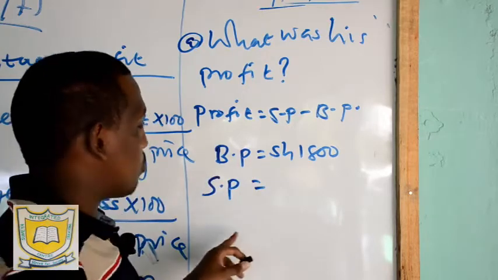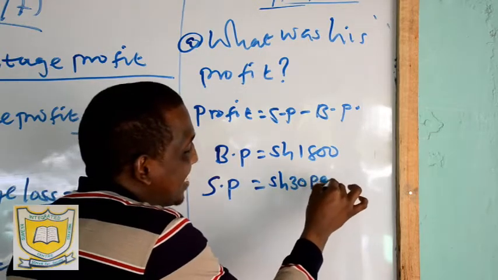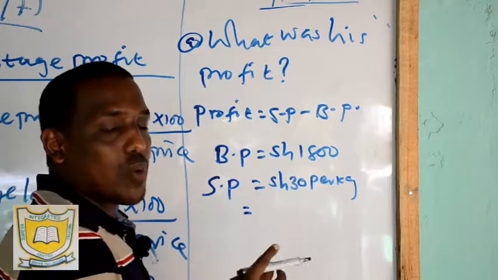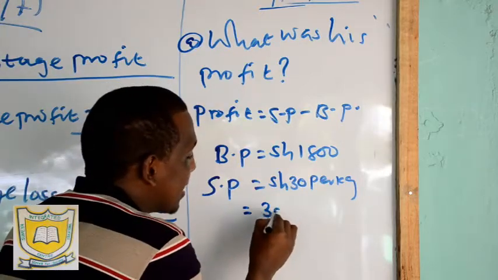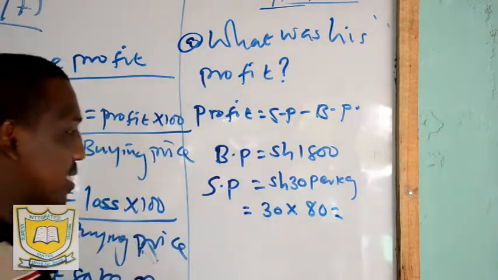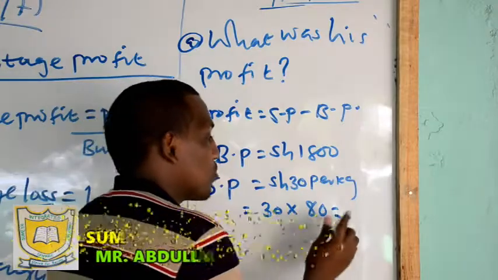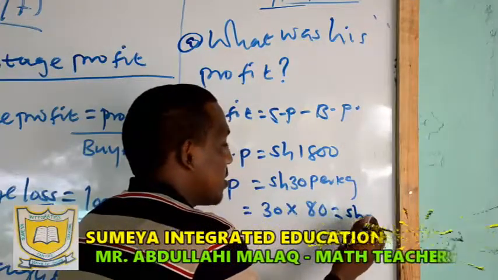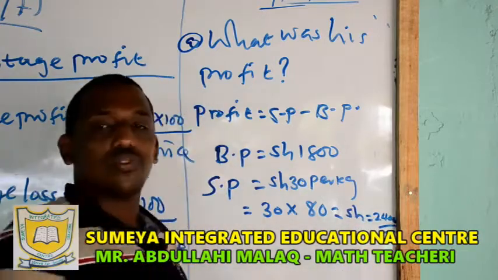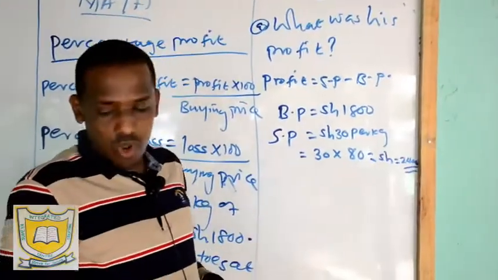Shillings 30 per kg, and how many kgs did we have? They were 80 kgs. So we multiply, and we get shillings 2,400.